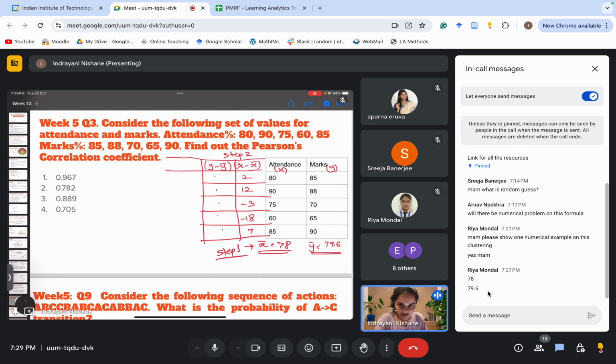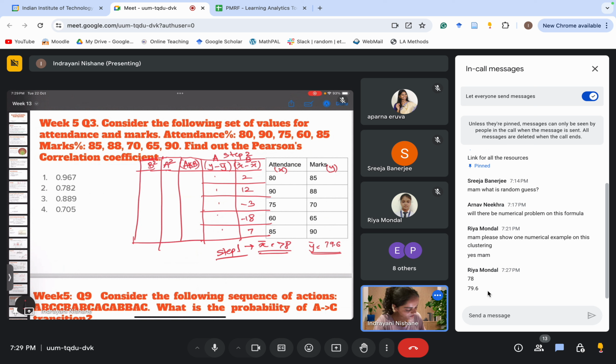This is step 2, computing the differences. Now coming to step 3, let us call this column A and this column B. We have to compute the product of A and B, and also A square and B square.